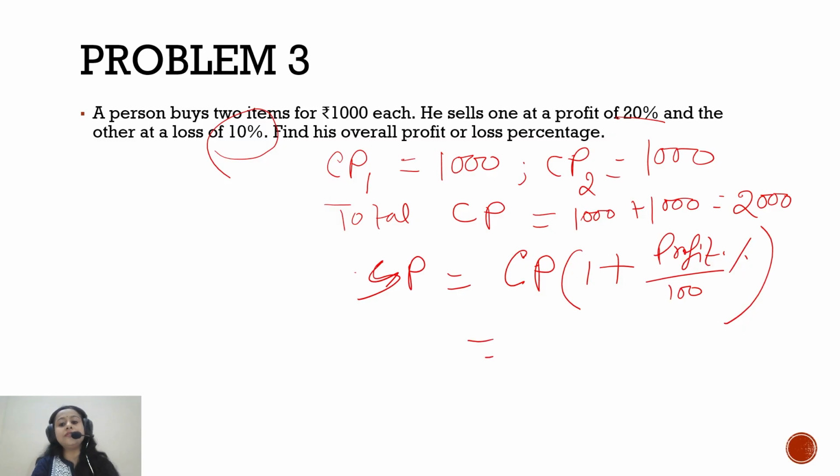right? So directly we can find out selling price of item 1, where cost price is 1000, 1 plus profit percentage is 20 by 100.